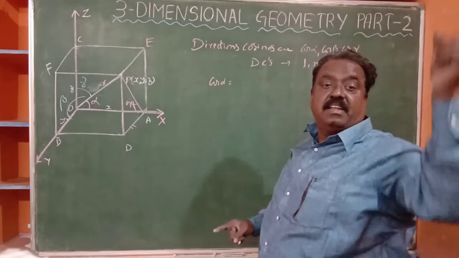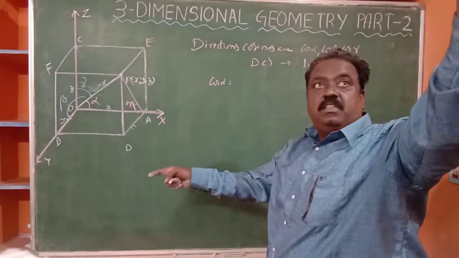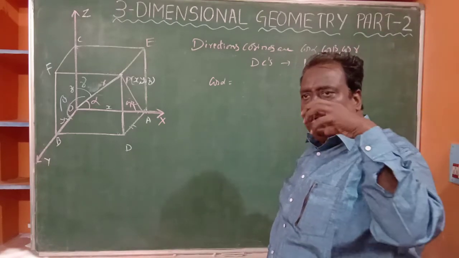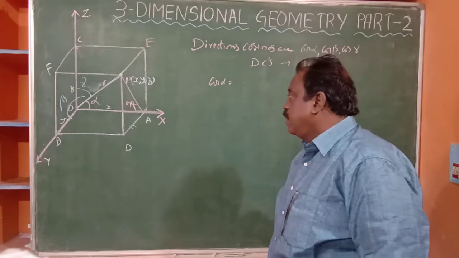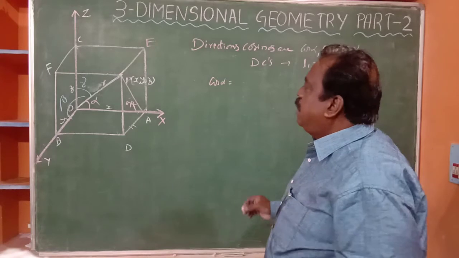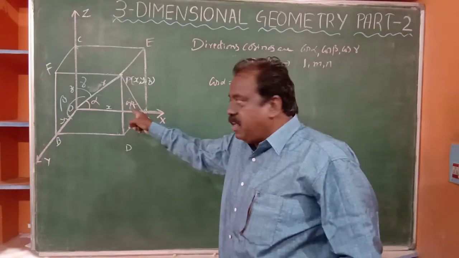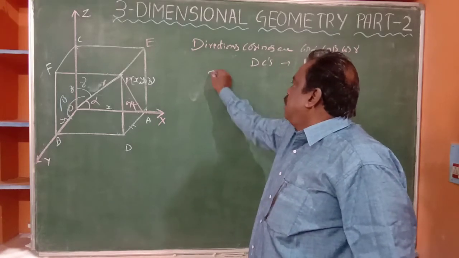AP is a diagonal in this wall. AP, OP, this is also a right angle triangle. It is difficult to imagine, but you have to imagine it that way. So here also, in the diagram you observe it, the angle is 90 degrees.